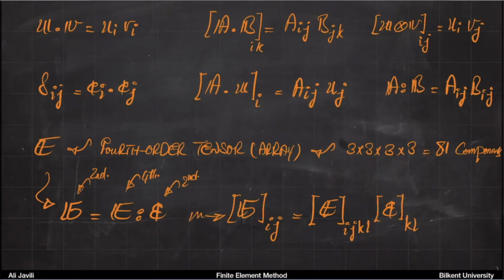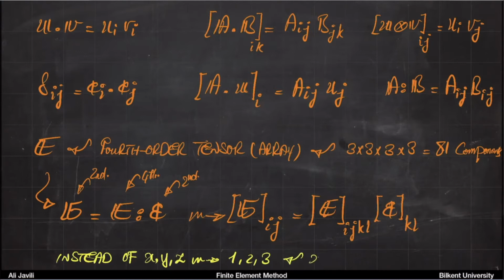Now, using this, we want to go to the governing equations for a 2-dimensional problem. The key message here is that instead of XYZ, let's get used to just 1, 2, 3. From now on, if we want to actually use the coordinates XYZ, we would call them X1, X2, and X3.